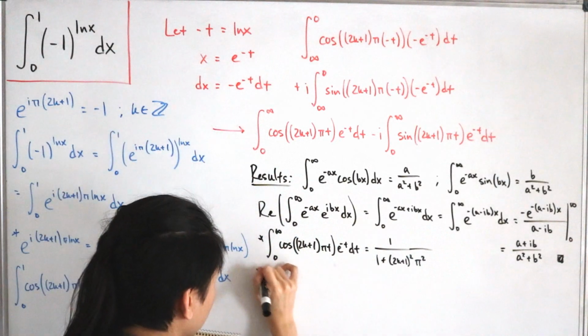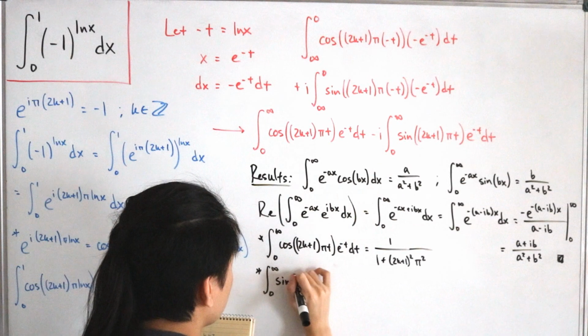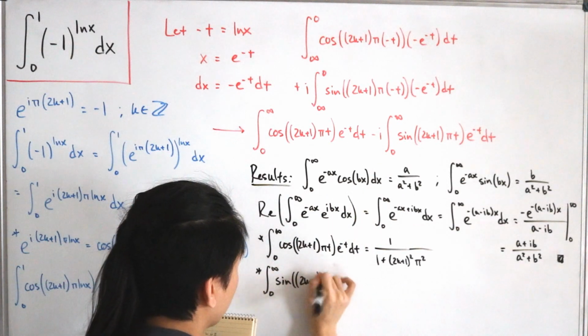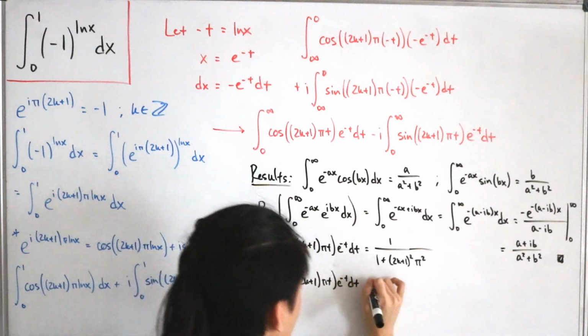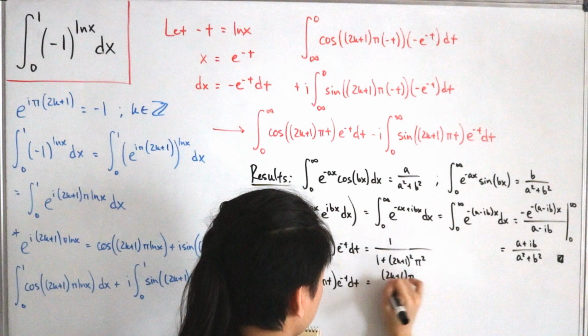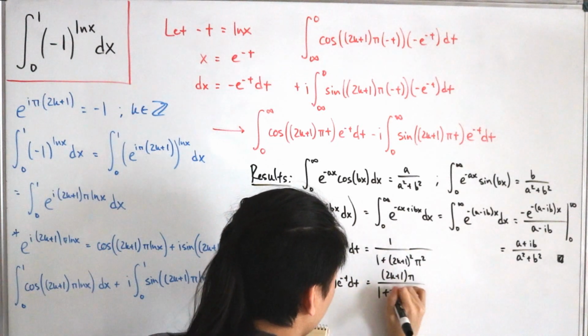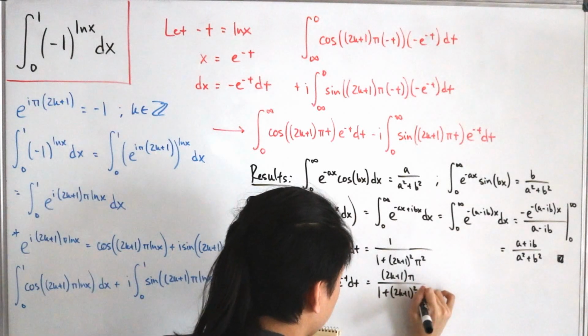The other result follows from the same thing with sine: the integral of sine of (2k plus 1) pi t, e to the negative t dt, is going to equal (2k plus 1) times pi divided by that same denominator, 1 plus (2k plus 1) quantity squared, times pi squared.